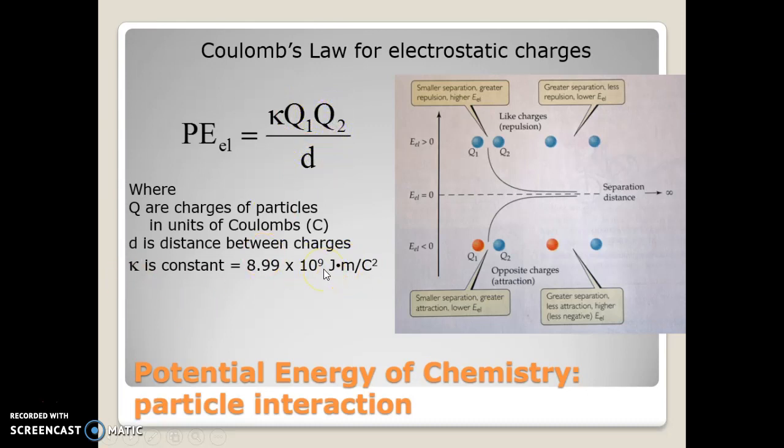So you can have two kinds of charged particles. You can have like charges, or you can have unlike charges, opposite charges. Obviously with like charges, you get a repulsion. So if you were to bring two electrons close together, the energy associated with those electrons is a high repulsive energy. But as they move further apart, that repulsive energy is going to decrease. On the other hand, if you have opposite charges, you're going to have an attraction between them.